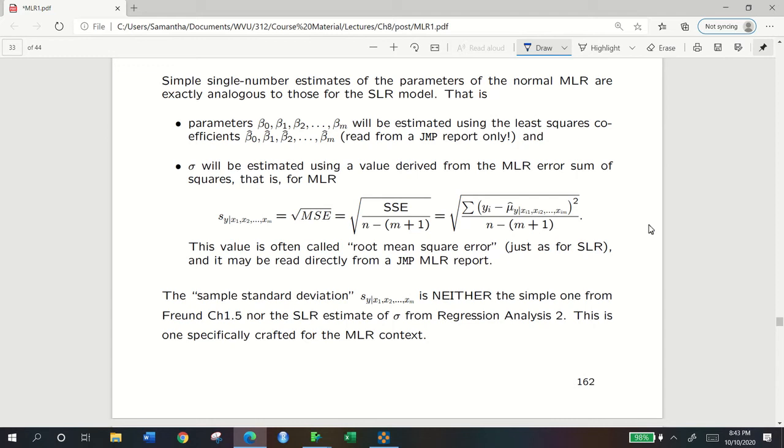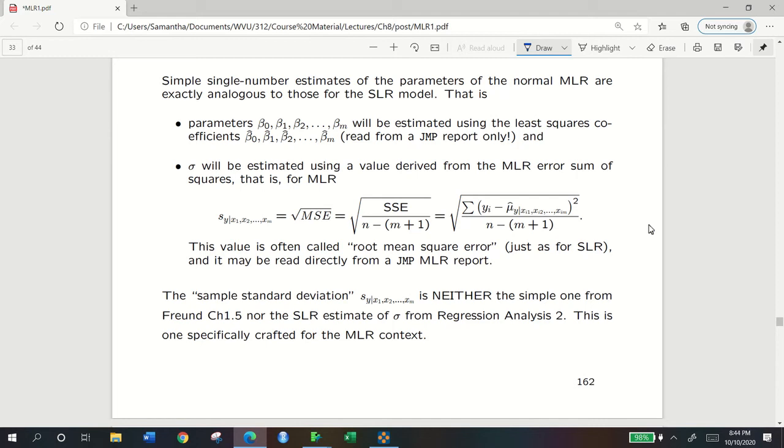Again, these must come from JMP. And our sigma, that population standard deviation, is going to have to be estimated using the sample standard deviation S of y given x1, x2, all the way to xm, or in other words, the root mean squared error, which we learned about earlier.